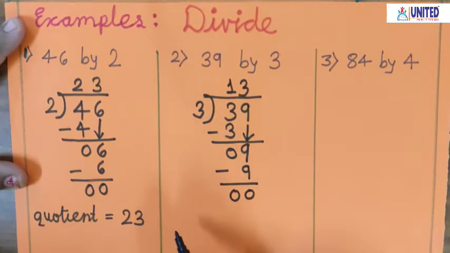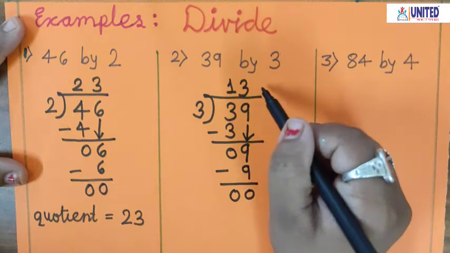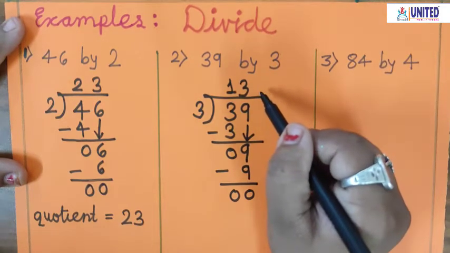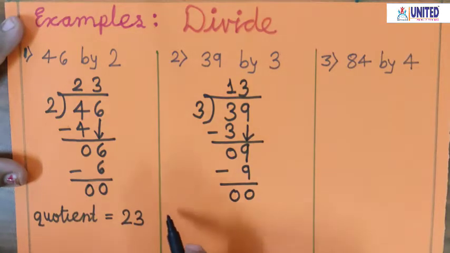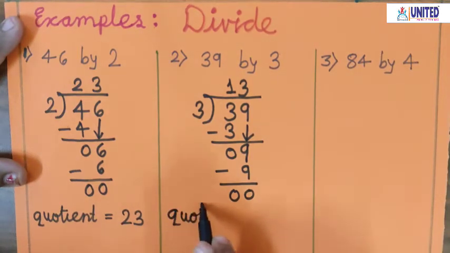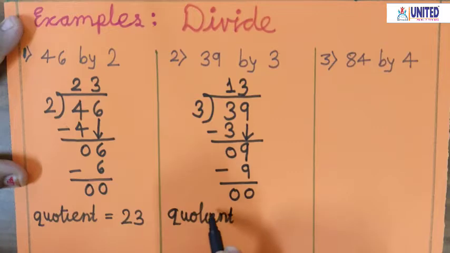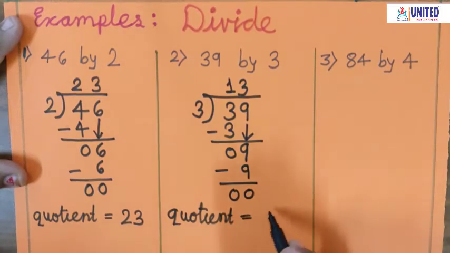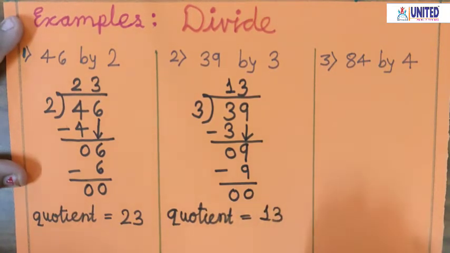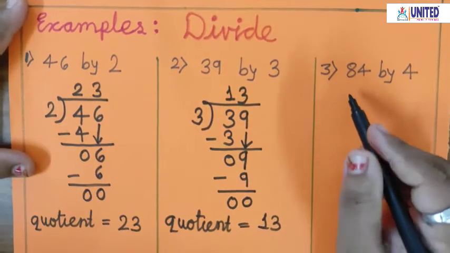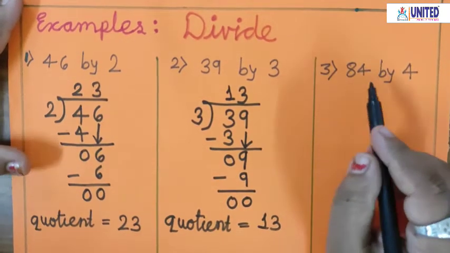So what is our quotient here? Yes, 13. Because in division the answer is always on top. So we write quotient is equal to 13. Okay.